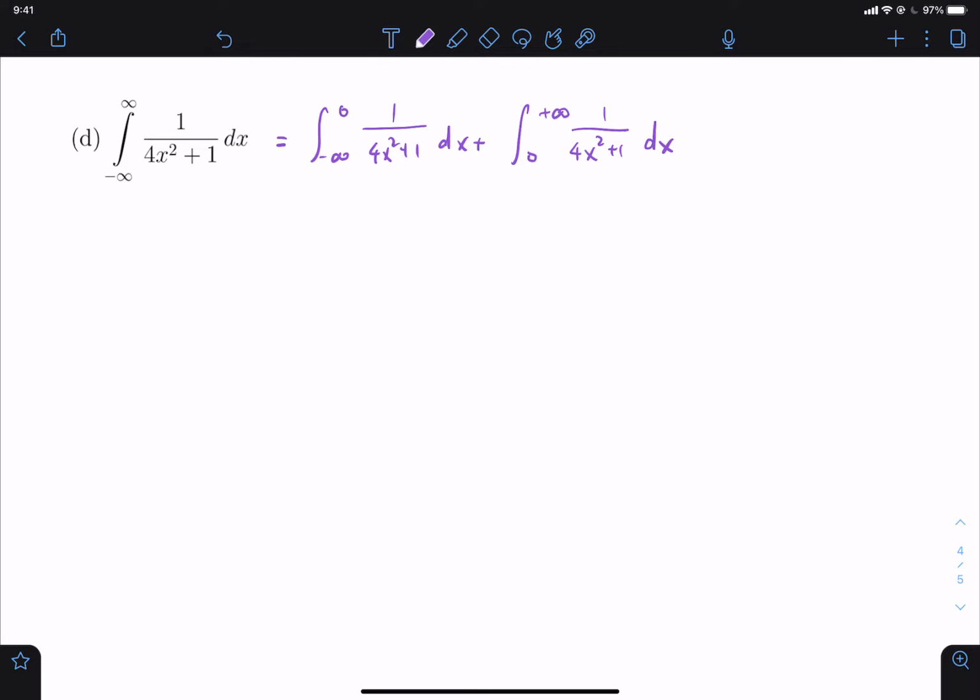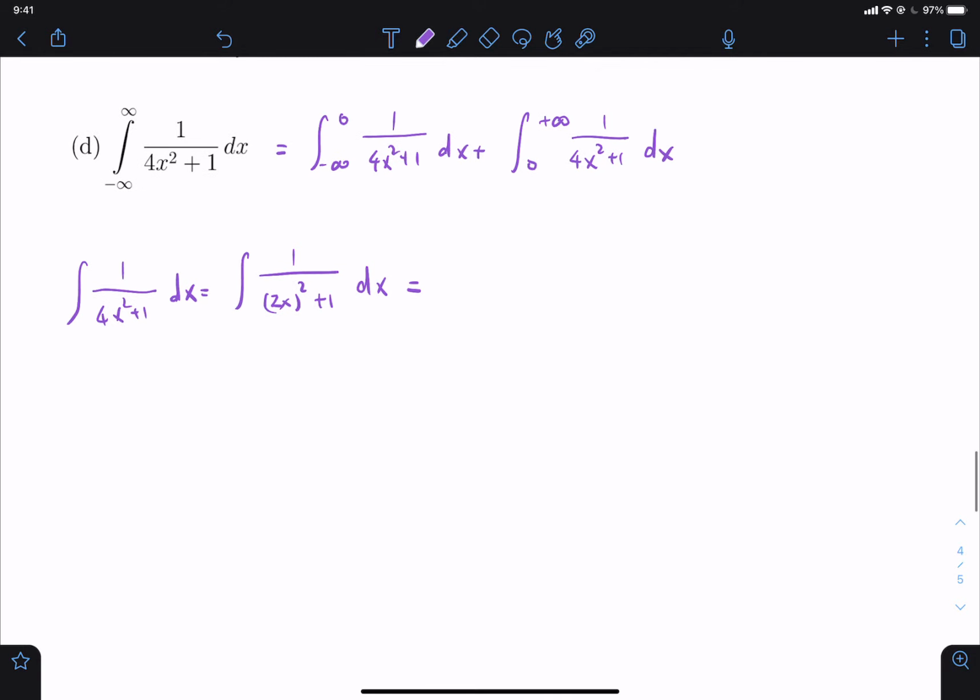So now let's work on the indefinite integral first. This one becomes the integral of 1 over (2x) squared plus 1 dx. So that turns into the tangent inverse function. We can change this to d of 2x and put a 1 over 2 here.